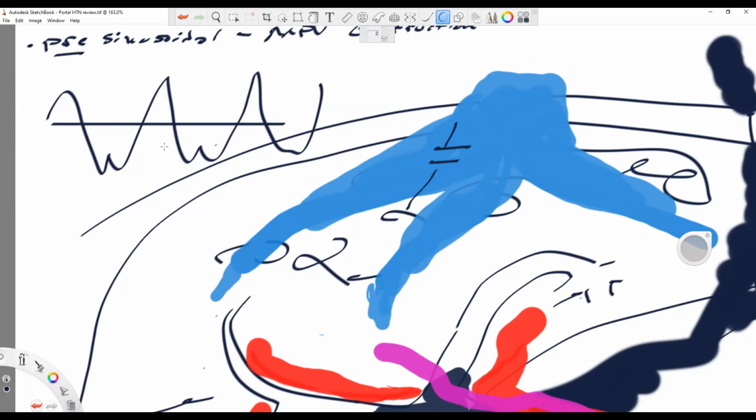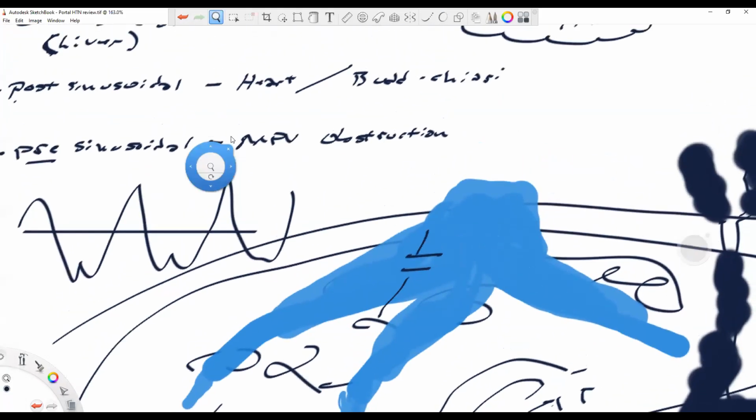And so if it's the correct W, but it goes way past midline and back, and then way past midline and back, that is high right heart pressure, and that could be an indication of a heart disease. That as well, remember, is one reason for post-sinusoidal portal hypertension.